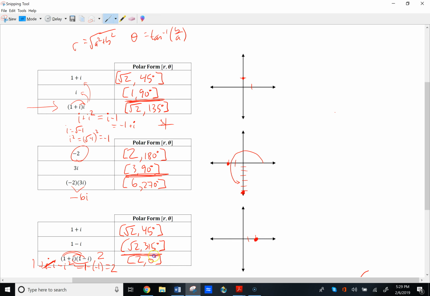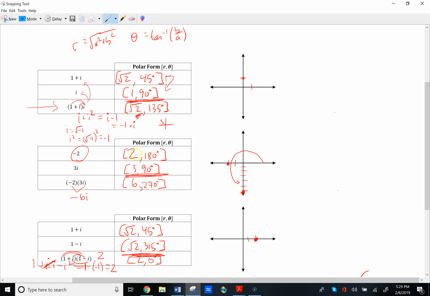So what am I wanting for you to recognize? Well, first I want to see the pattern between the R values of each of these. So when I multiplied this top number, we multiplied 2, 45 degrees by 1, 90 degrees. The R value, square root of 2 and 1, if I multiply those together, we get square root of 2.